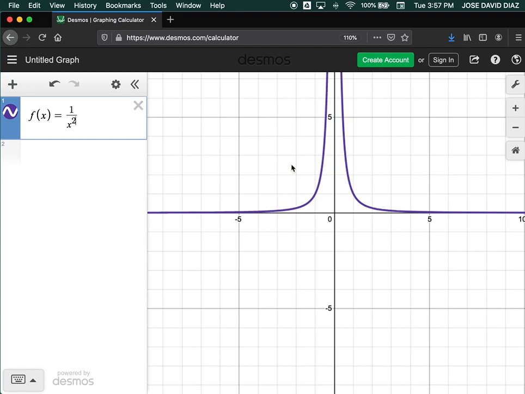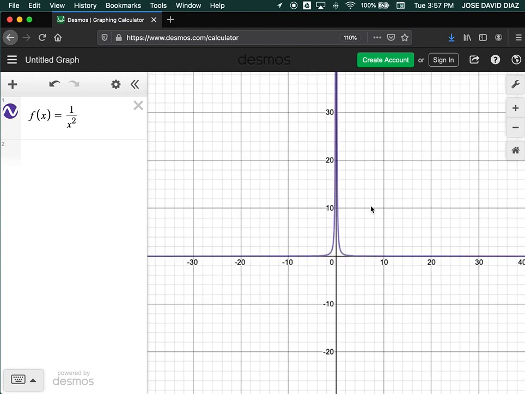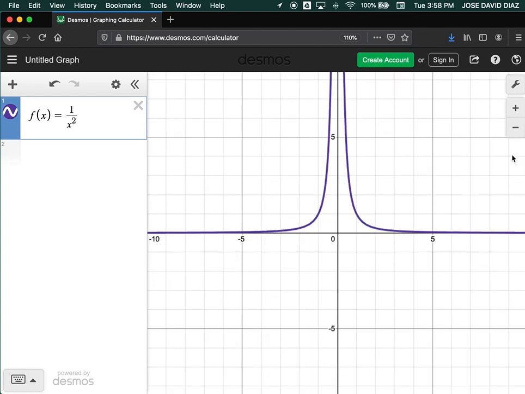If I go from the left, as x approaches 0, the value of y is infinity from the left and from the right. This does not qualify for a limit.